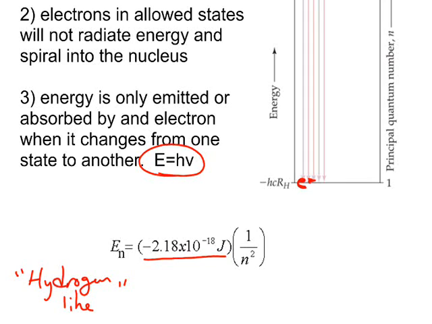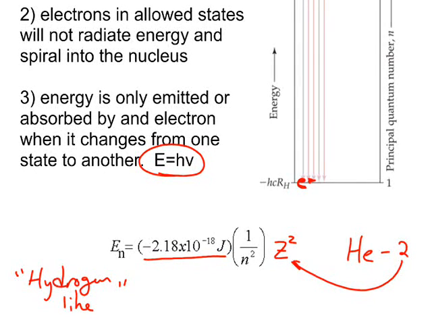The only thing that would change in this equation is that we would add a factor for the atomic number. So in this case, the atomic number for helium would be 2, right? 2 protons. And so we would plug that in there, and you would square that. So the energy associated with the helium would be increased by a factor of 4 for each principal energy level.